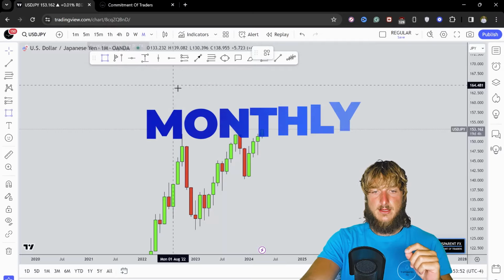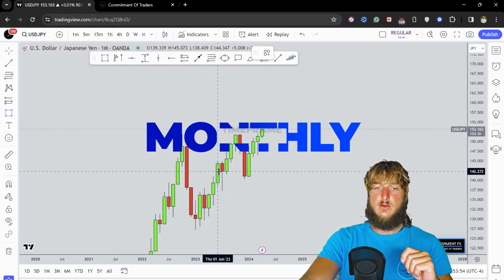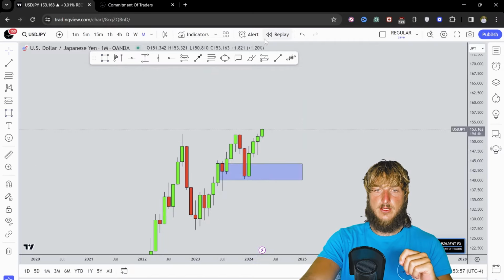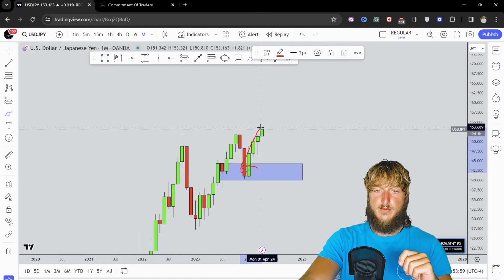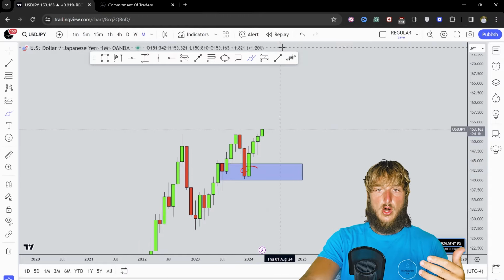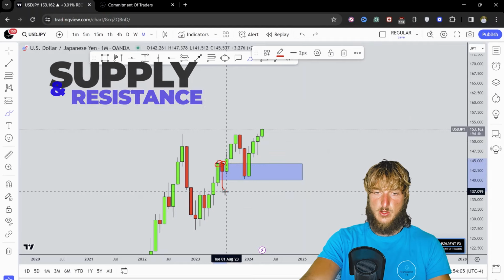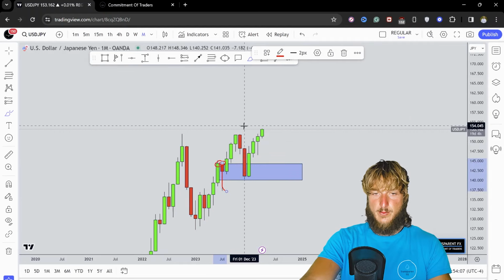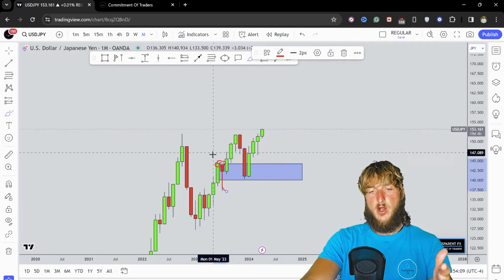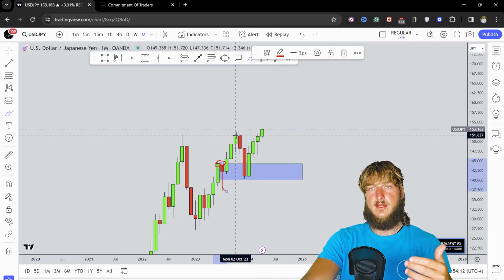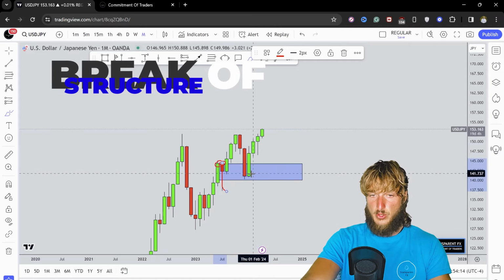Starting here from the monthly time frame, what we can see is that we have a market which has just rejected to the upside quite aggressively this previous level of monthly supply and resistance from which this previous move to the downside was created, which was then broken to the upside. And what we know is that in the market, previous resistance, once it is broken to the upside, becomes support and demand.